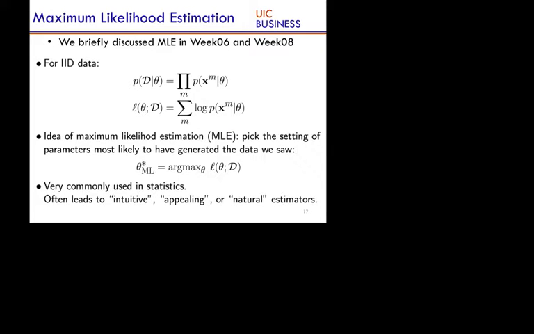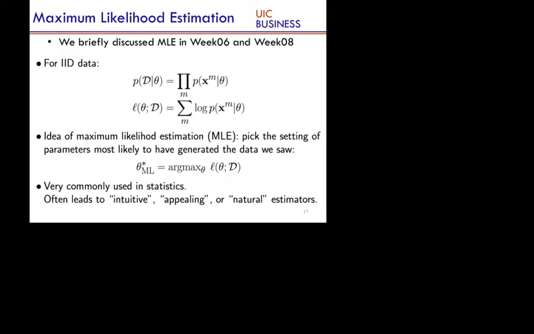I just said let's fix the parameter to be 1/2, but you can say for an arbitrary parameter what is the probability of seeing heads or tails, right? For example, if there was heads, tails, tails, heads, heads, heads, tails, so let's say this was the data, of length 7. The question is, what is the probability of seeing this sequence given, let's say, theta is equal to 2/3, some biased coin?